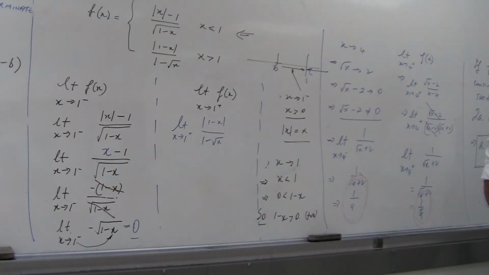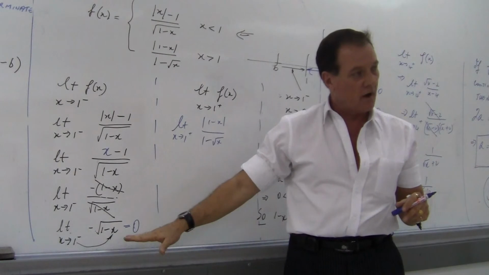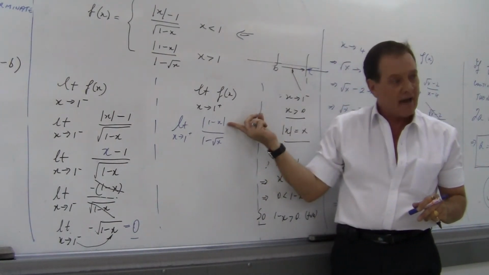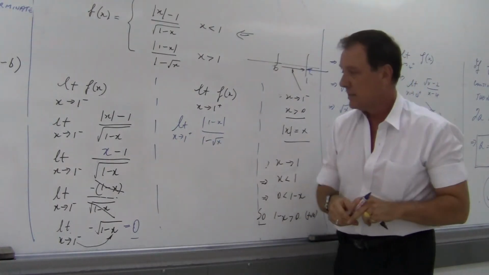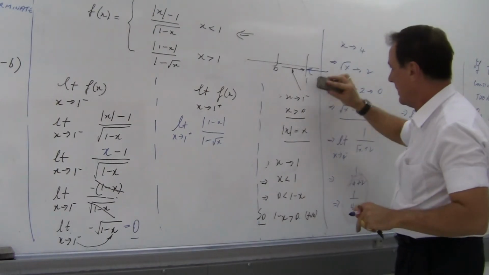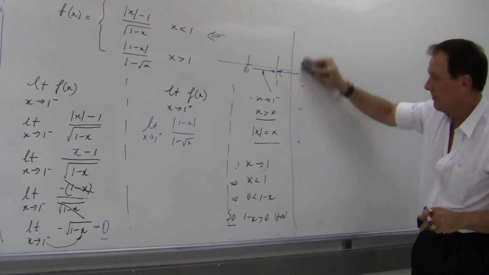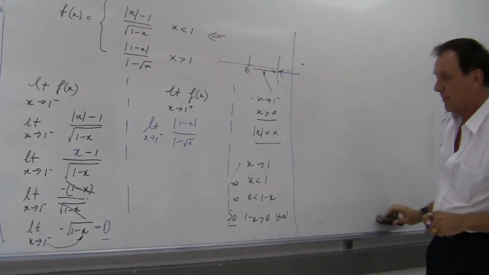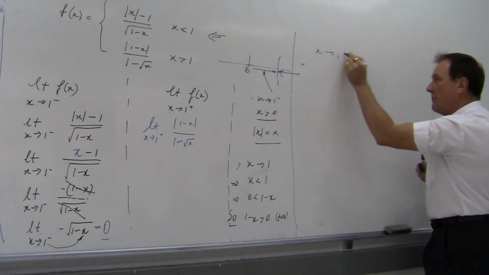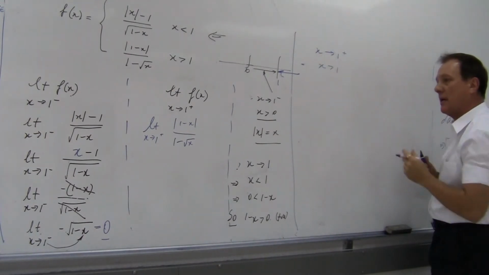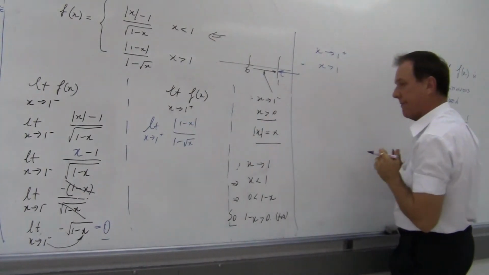Just like we did here, mod x got replaced by x, and the algebra simplified. Same thing here. I have to work out what the absolute value of 1 minus x is under these circumstances. X is approaching 1 from above, so obviously x is going to be bigger than 1. If x is bigger than 1, we've got 1 minus x here.